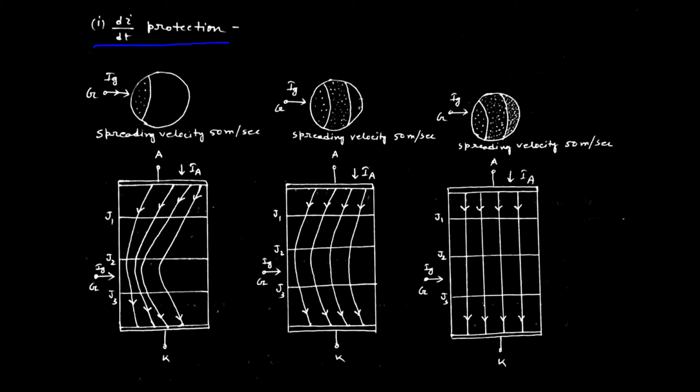When the gate pulse is just applied to the gate terminal, the gate current density is maximum near the gate. That is why initially the anode current cannot flow easily. In the first diagram we can see the anode current take shape in this manner, defined by these arrows.